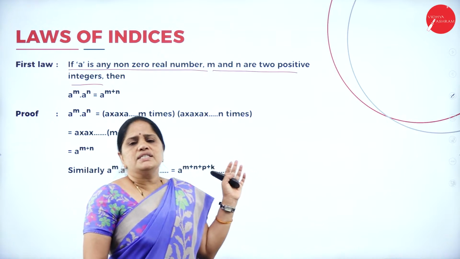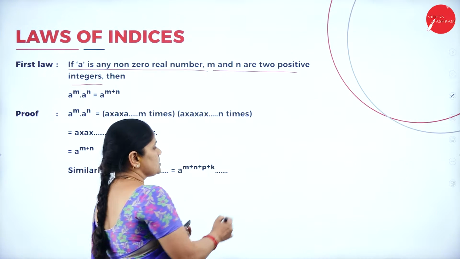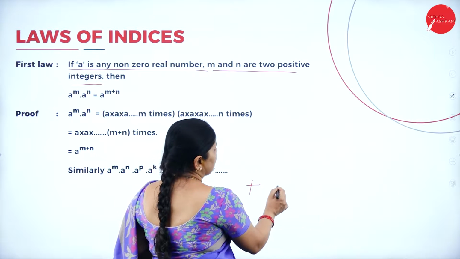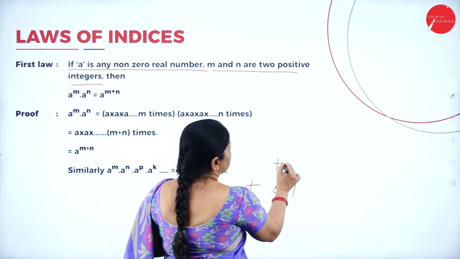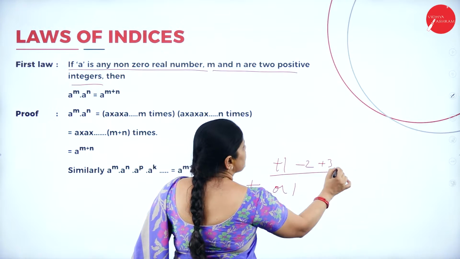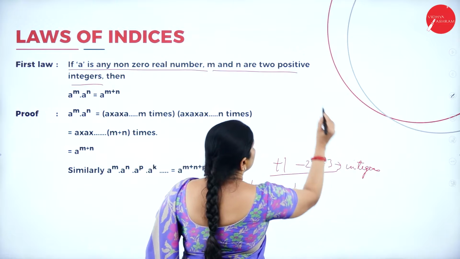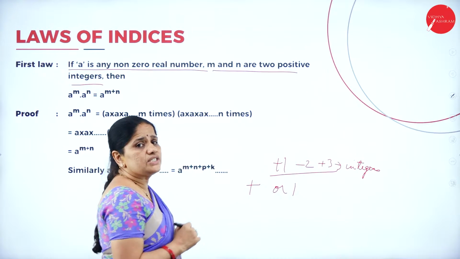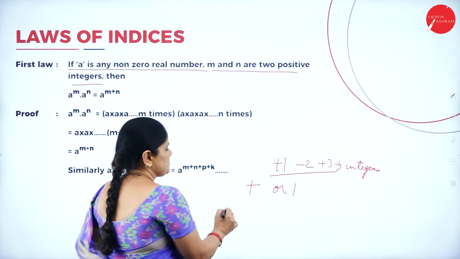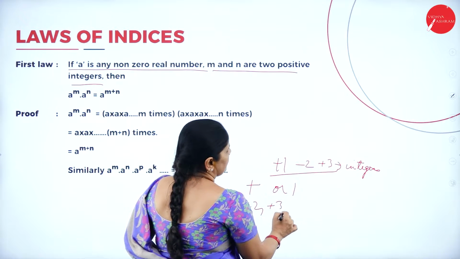And m and n are two positive integers. What do we mean by integer? Any number with a plus or a minus sign. It may be plus 1 or minus 2 or plus 3. All these we call integers. So, whenever they speak of positive integers here, positive integers means plus 1, plus 2, plus 3, plus 5.